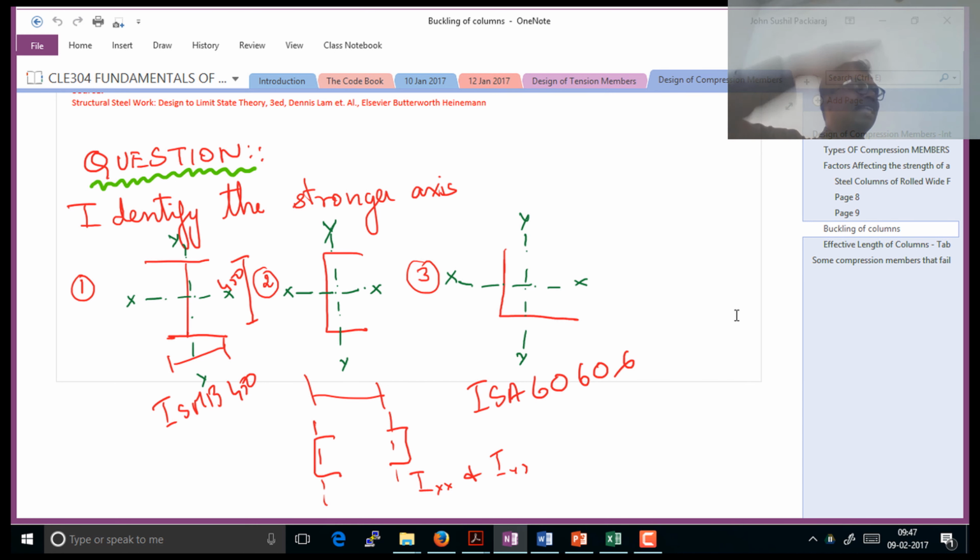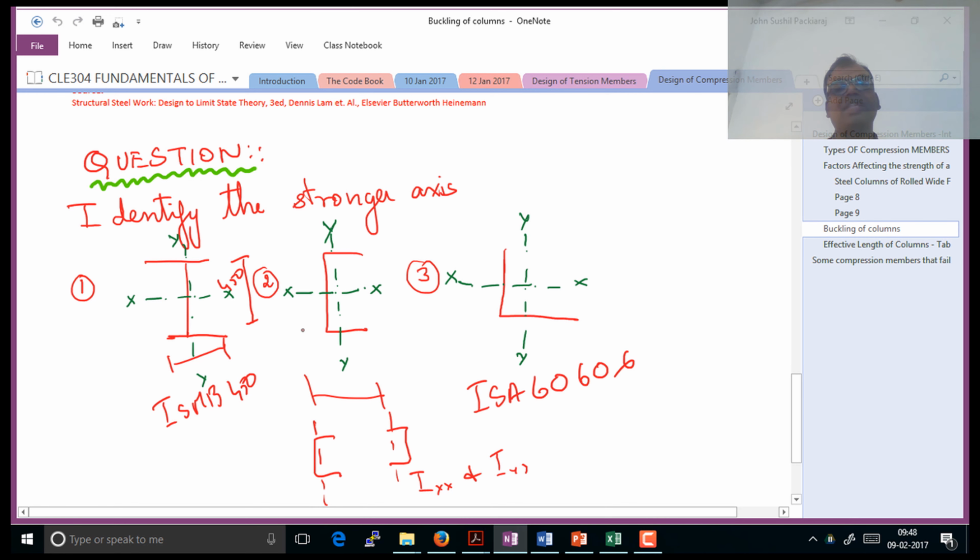If you just design for axial loads, it is more than enough. But a corner column is having a moment in both the directions. So you will have to start to think whether this is going to work or moment about this is going to work. How am I going to play around with values of I?